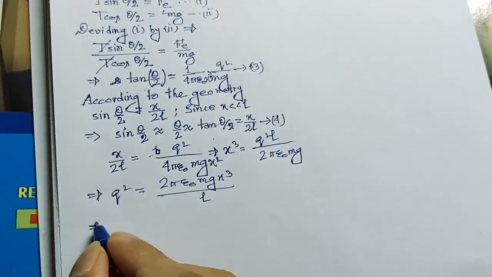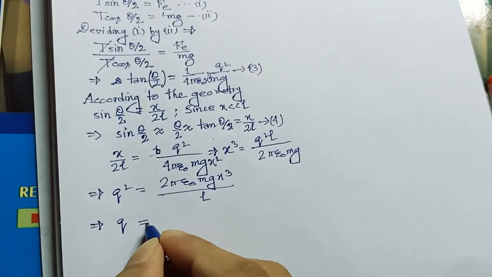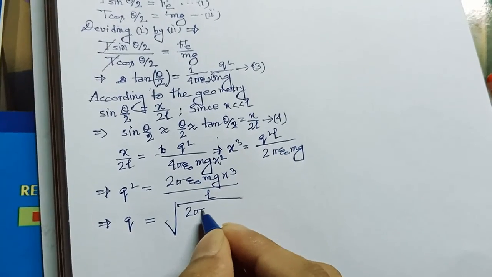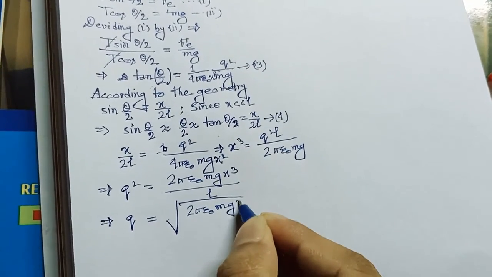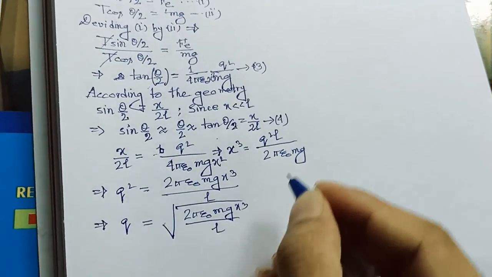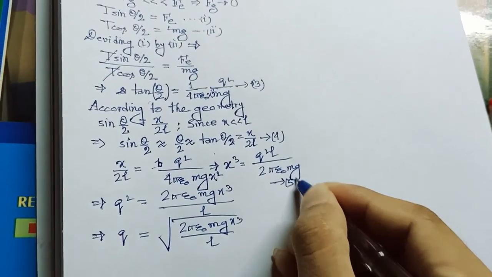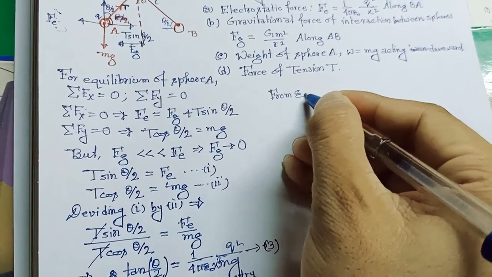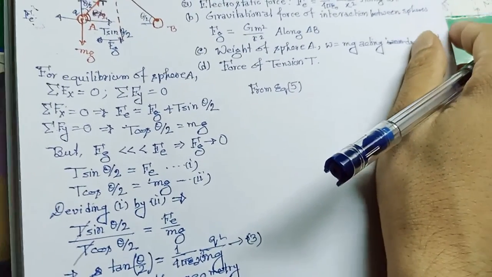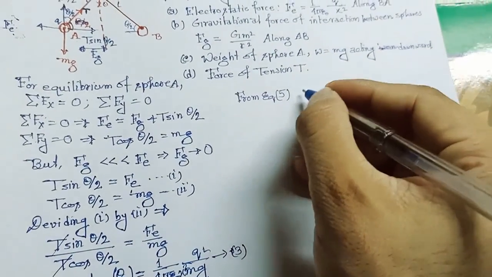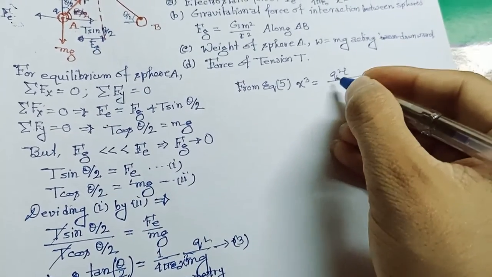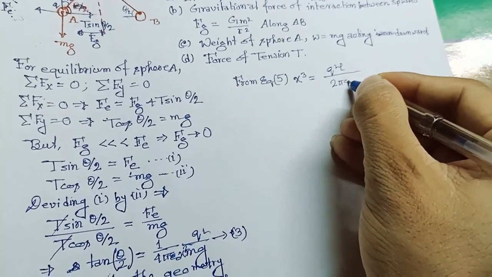or we can find the value of q as it will be equal to under root 2 pi epsilon naught mg x cube divided by l. So this is our equation number 5 and this is our equation number 6. Now from equation number 5 we can write x cube equal to q square l divided by 2 pi epsilon naught mg.